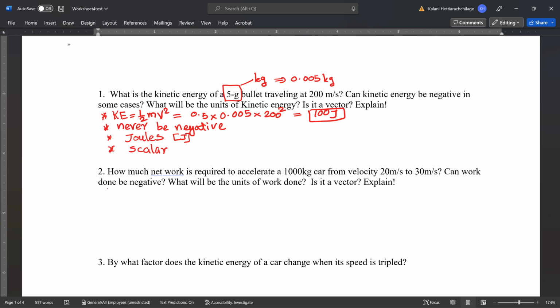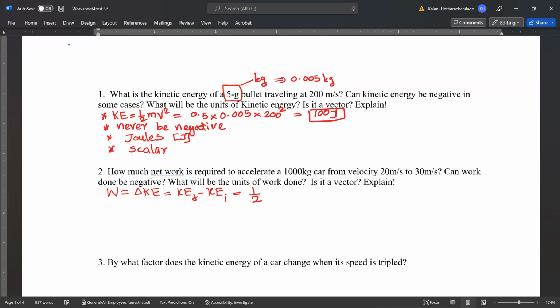You remember that after we learn the kinetic energy, we can write the work done as the change of kinetic energy. That means kinetic energy final minus kinetic energy initial, right? So now, since we have the velocities and the masses, we will be able to write it.